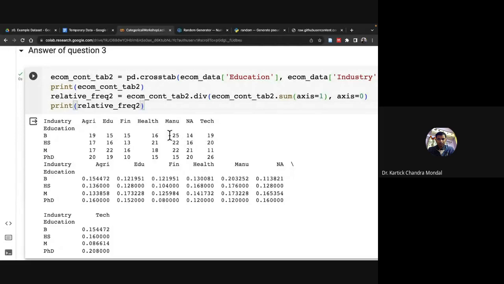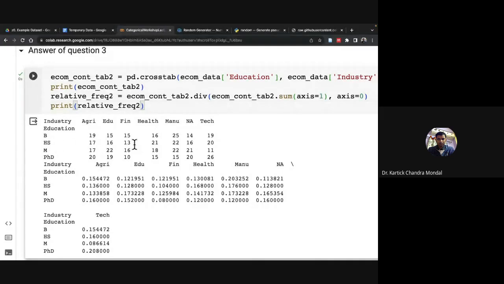Okay, and those having a bachelor degree are mainly from the manufacturing industry. And in the agricultural industry, the majority are persons having a PhD degree or bachelor degree. Those having masters and school level degrees are involved somewhere else.